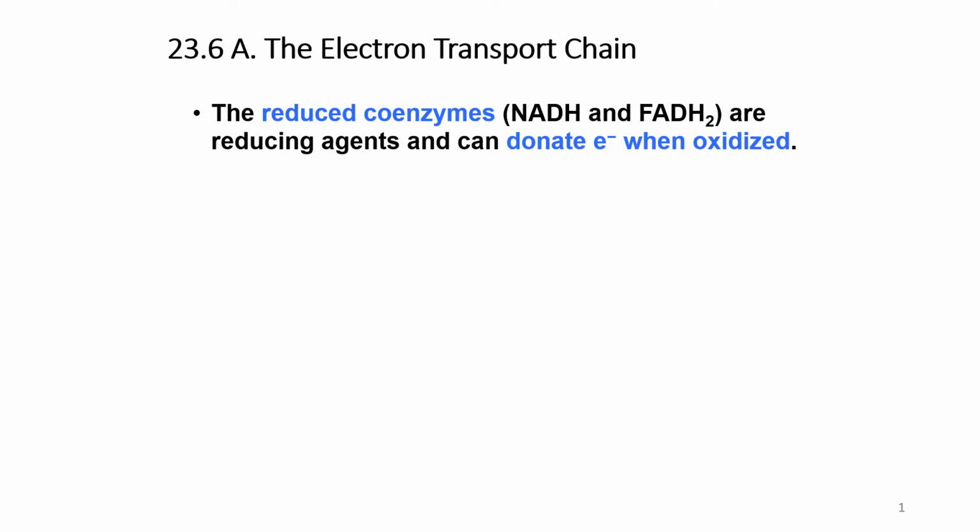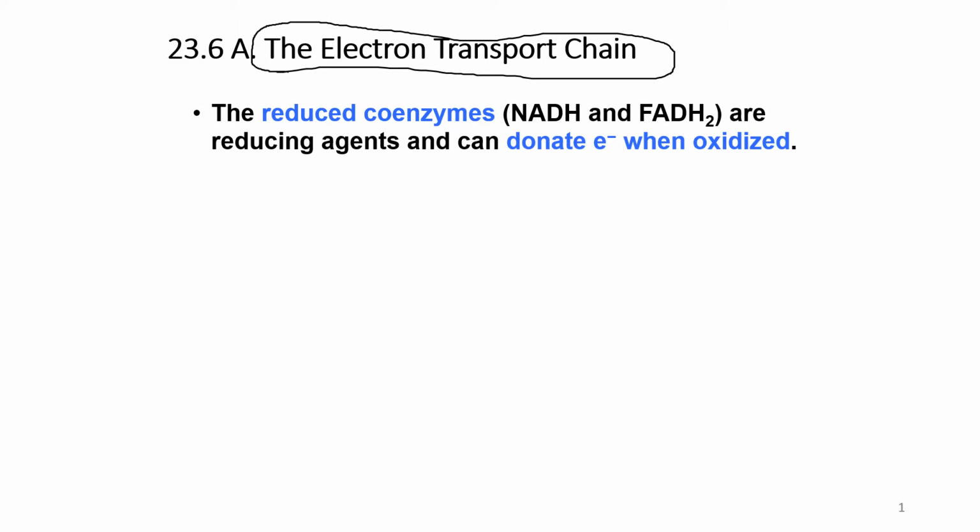It's those reduced coenzymes, NADH and FADH2, that are responsible for carrying those electrons to this respiratory chain in the mitochondria.